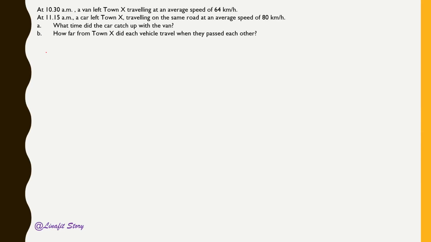Another way to solve question A, what time did the car catch up with the van? First, we are finding the elapsed time between 10:30 and 11:15, is 45 minutes or 3/4 of an hour. So 3 out of 4 times the speed of the van times 64 equals 48.